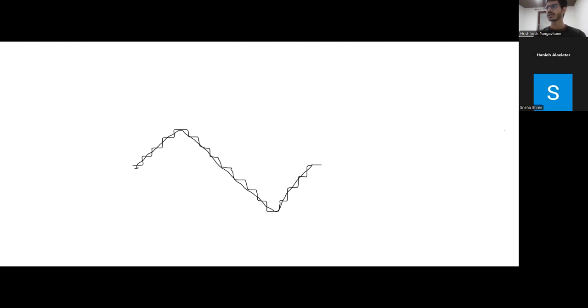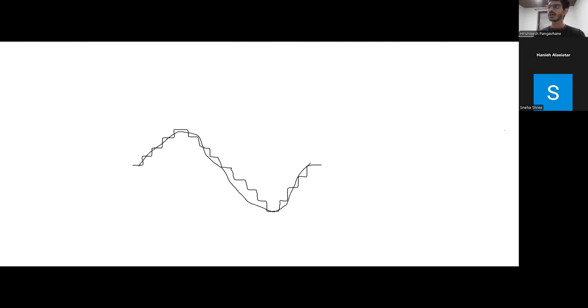So now we saw the quantized output. We said, okay, if this was the curve of the quantized output, then doing this will probably estimate the input to the quantizer. So this is how the quantizer's input would have looked, right?